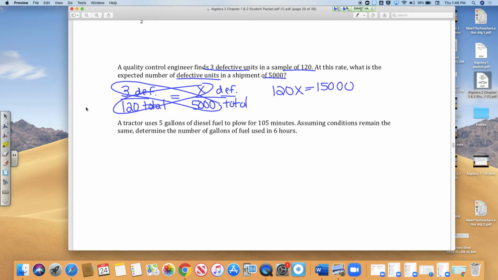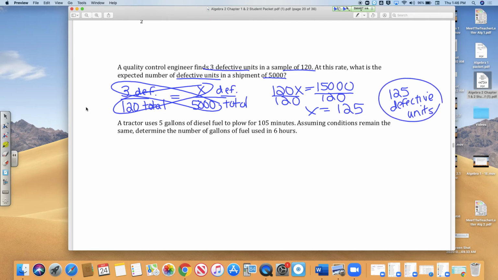And then we'll divide both sides by 120, and we're going to get x is equal to 125. So that means that there will be 125 defective units in that shipment of 5,000.